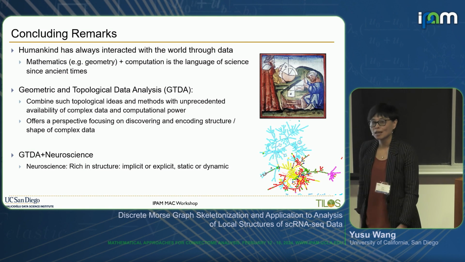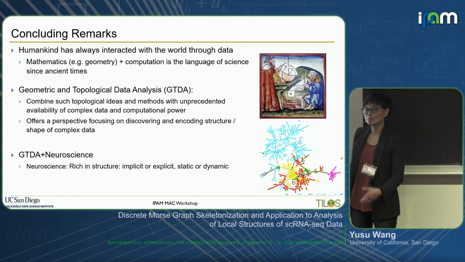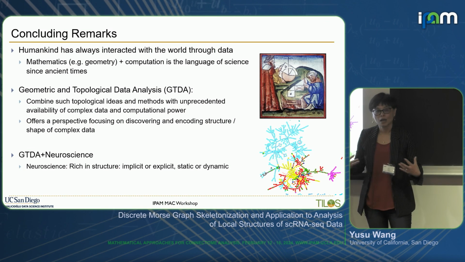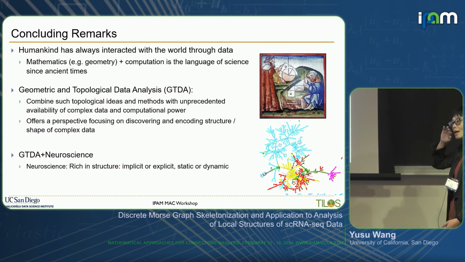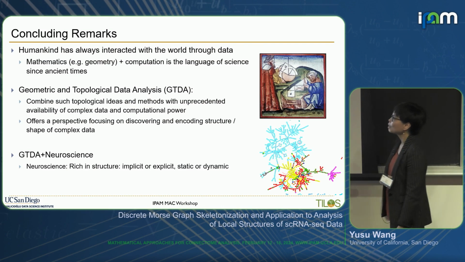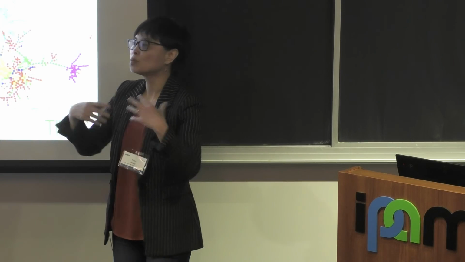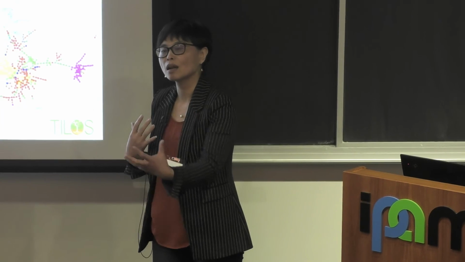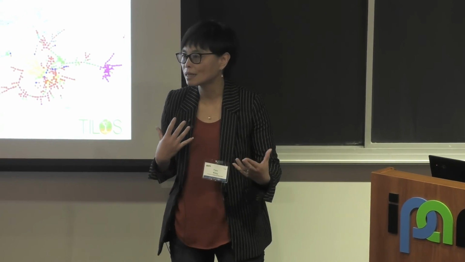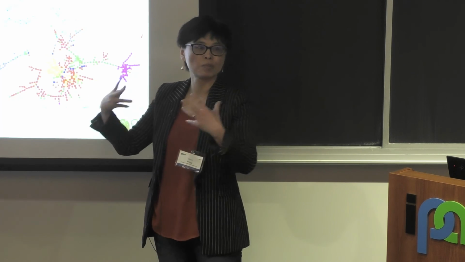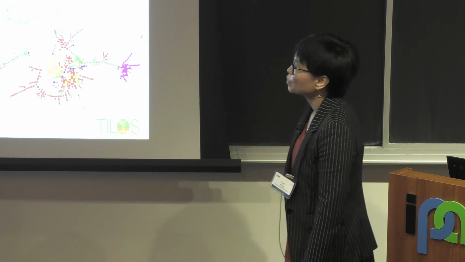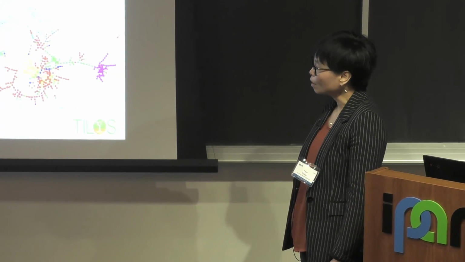In the modern age, when we have an unprecedented amount of data and amazing computation power, geometric and topological data analysis, the field that I'm working in, brings a new perspective. How can we combine classical mathematical concepts and ideas with algorithm development, with consideration of data, to make them more effective at handling complex data?